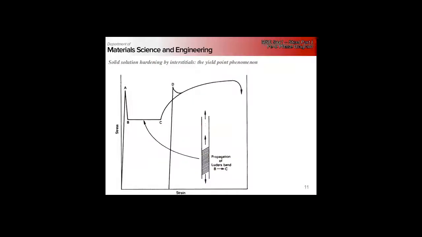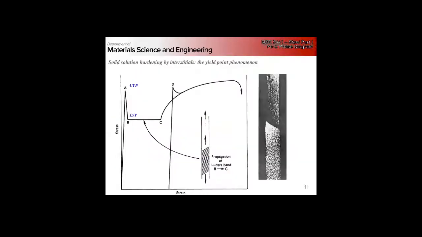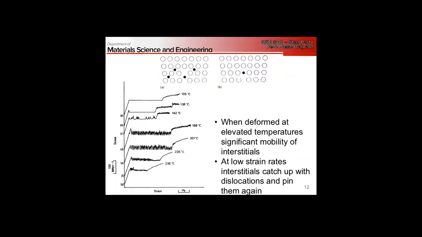All right, we talked about Luder's band formation and dynamic strain aging as being consequences that, since the distortions caused by the interstitials in BCC are very strong tetragonal distortions, the dislocations tend to align themselves so the interstitials are along the core, right?